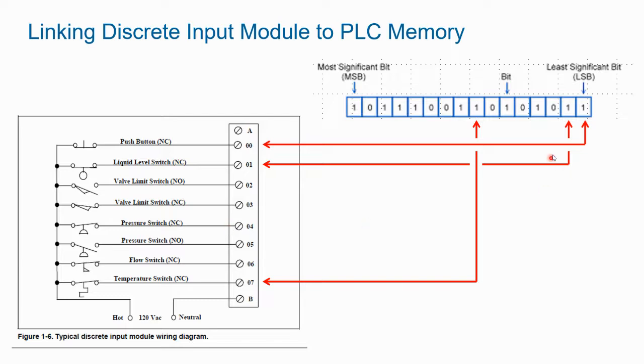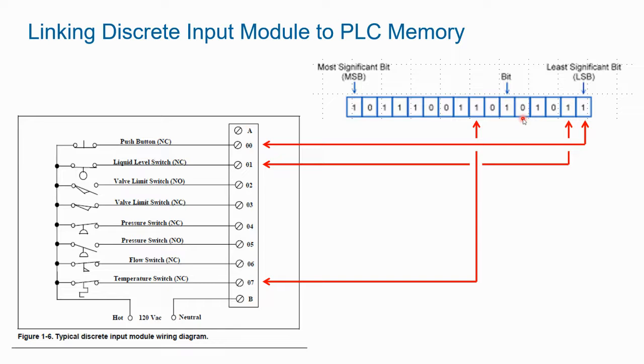Is it on or off? So I got to know 0, 1, 2, 3, 4, right? So right now, this pressure switch is represented as being off.